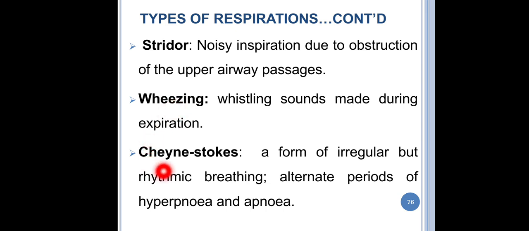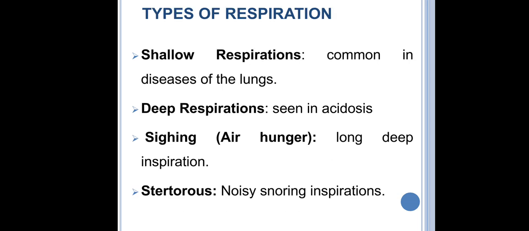There's also what we call Cheyne-Stokes, a form of irregular but rhythmic breathing with alternate periods of hypopnea and apnea. So it's irregular, but at the same time it's a continuous kind of breathing. You can be asked any of these.